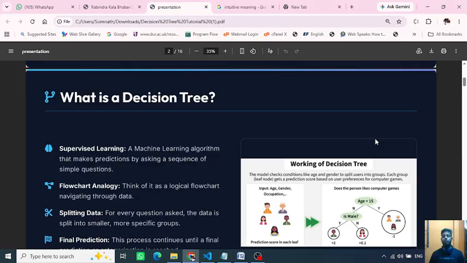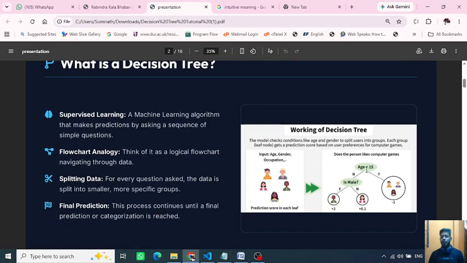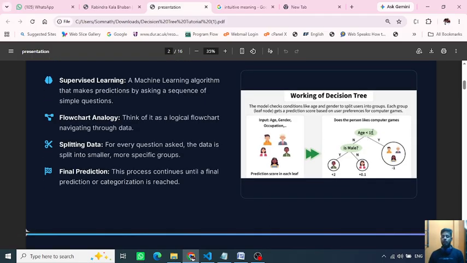Think of it as a logical flowchart navigating through data. At the right hand side, you can see this tree-like structure. So here, the question is, does the person like computer games? For this problem, this decision tree asks some questions at every step and tries to find out the final prediction.